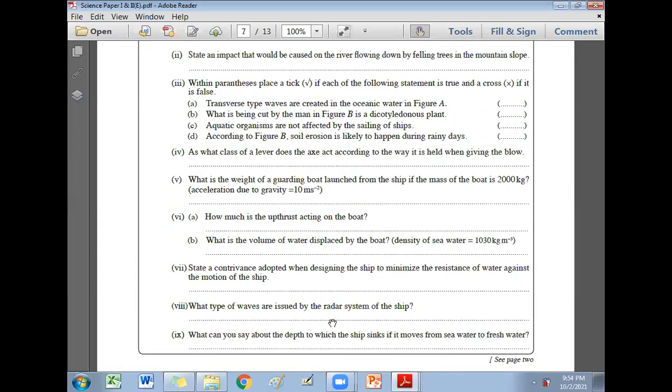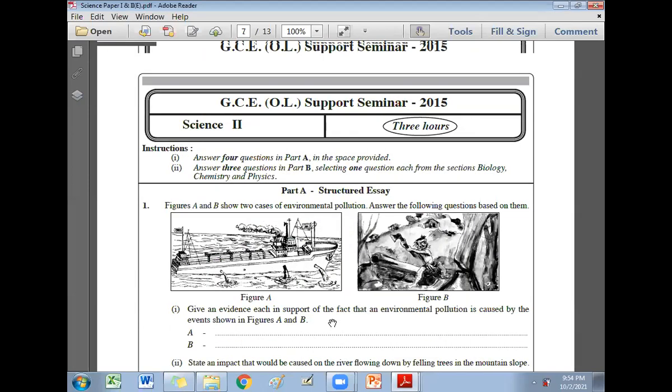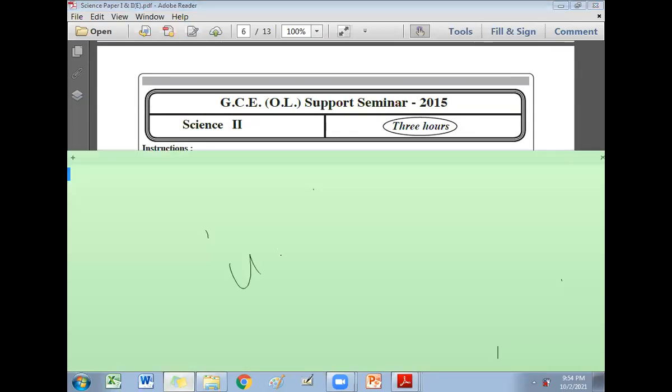Question number 1 only, actually this is every year an oral paper question number 1, on the new syllabus from chapter 15, Unit 15 biosphere lesson. So therefore, we are not going to discuss this now.